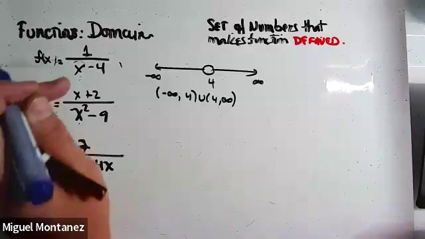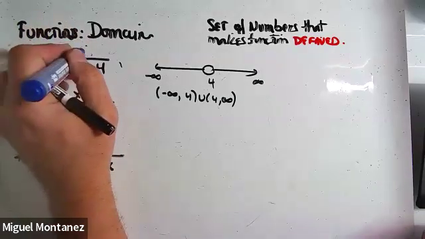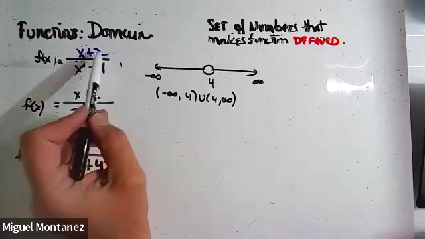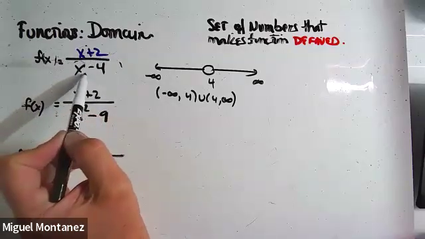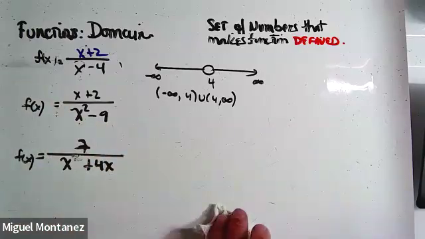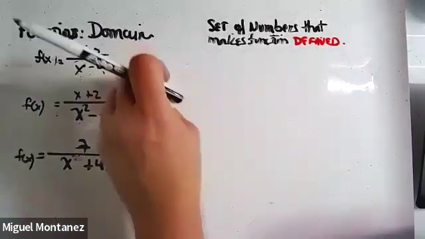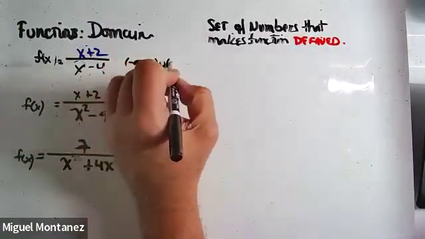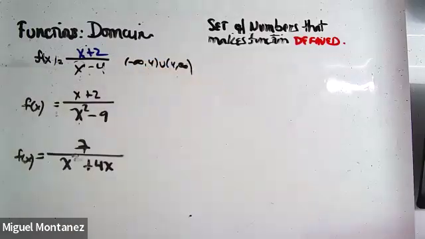If the function was x plus 2 over x minus 4, same thing, it doesn't matter what the numerator is, because we have to be careful with the denominator. The denominator cannot be 0. So that's the domain. I'll just write it here again: negative infinity to 4 union 4 to infinity.